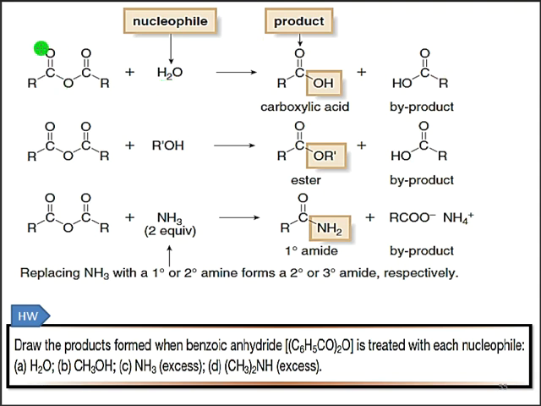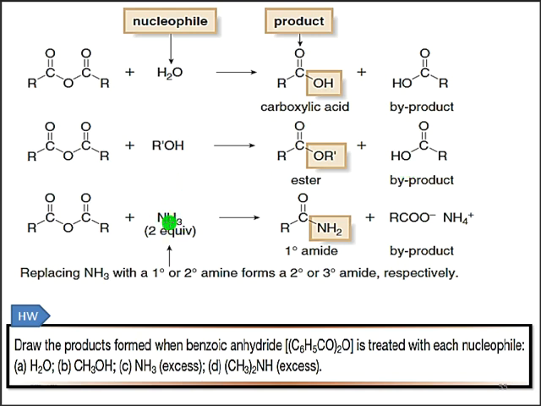Then look at these examples. You have H2O as the nucleophile, and the H2O will attack here, and this will be removed to give you the carboxylic acid product, and we have a byproduct, another carboxylic acid, because this part will be removed from the structure. Also with ethanol it gives you an ester, and also we have a byproduct.